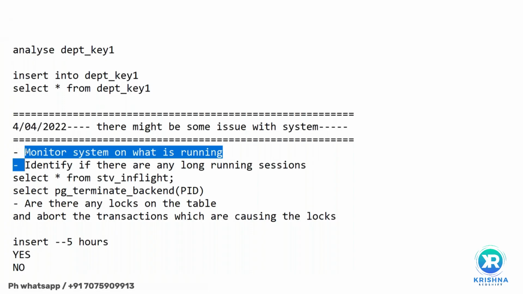Not only that, there will be ETL jobs, meaning daily loads running, and this user will be something like ETL_batch, or batch users. These are all batch jobs, meaning they will run every day. These are all load jobs. And there will be ad hoc users.